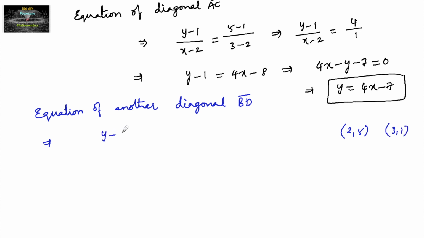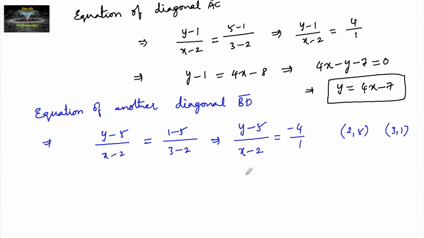So we can write y minus 5 divided by x minus 2 is equal to 1 minus 5 divided by 3 minus 2, which implies y minus 5 divided by x minus 2 is equal to minus 4 upon 1.